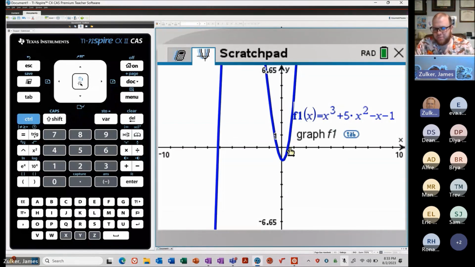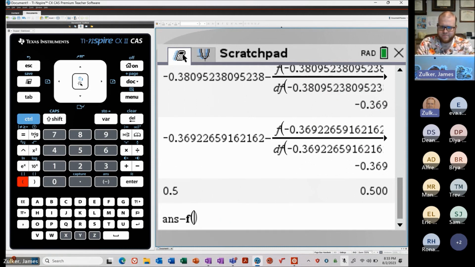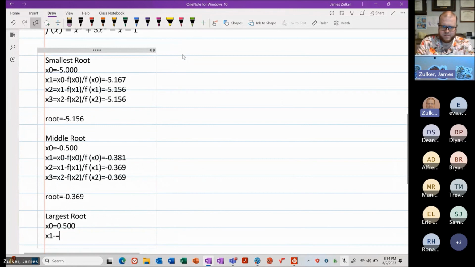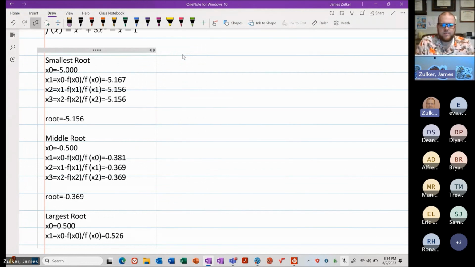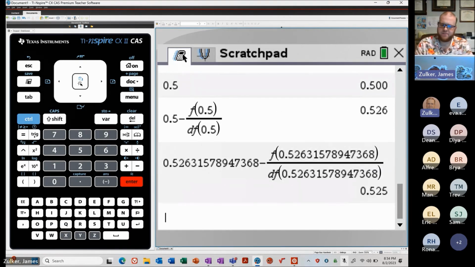Largest root, let's go with 0.5 as a good first guess. So x1 is 0.526, and x2 we got 0.525.